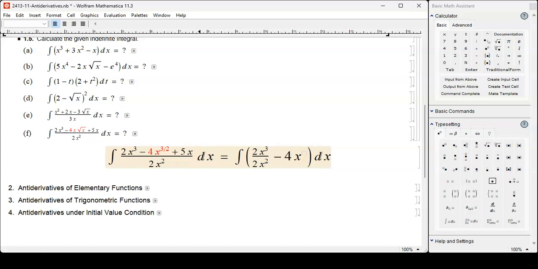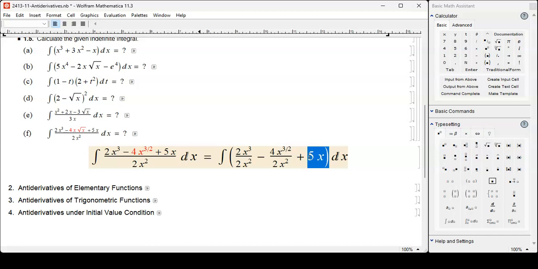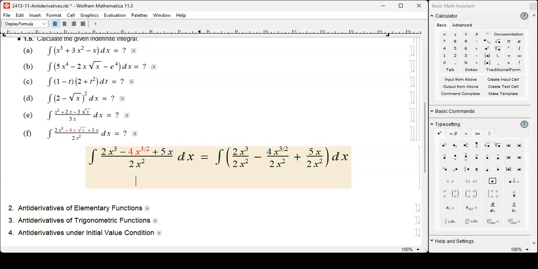Minus 4x to the 3/2 power divided by 2x squared plus 5x divided by 2x squared. Makes sense? So this one here, blue, and then red, and then green. So that's blue, that's red, and that's green.